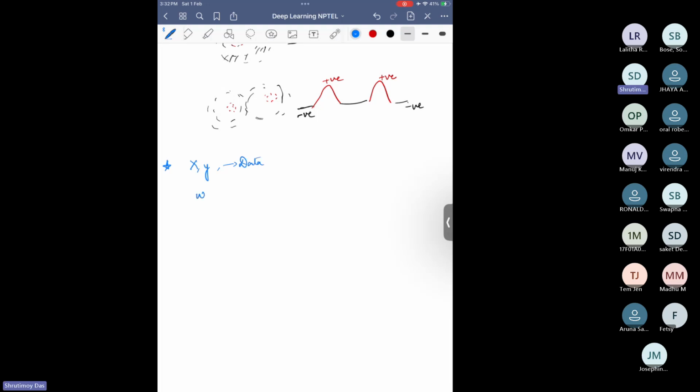Mostly we represent them using W's or theta. Then a learning algorithm, that is gradient descent for now. And finally, you have the loss function.